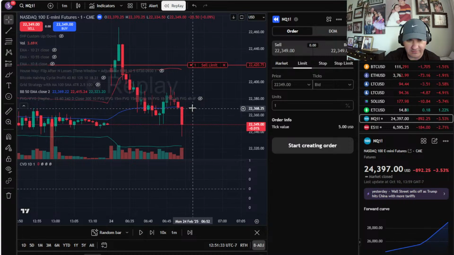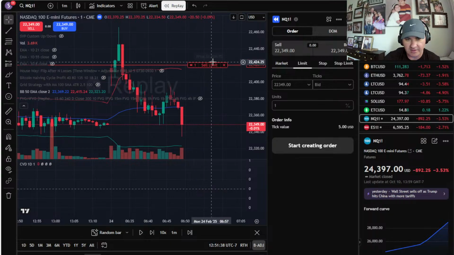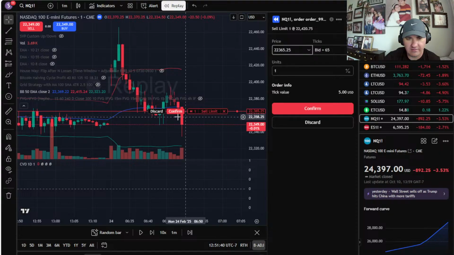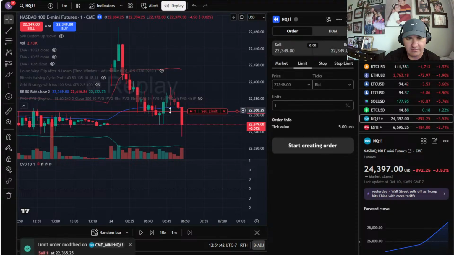This inverted fair value gap, you could try to enter right on the lower side of that.